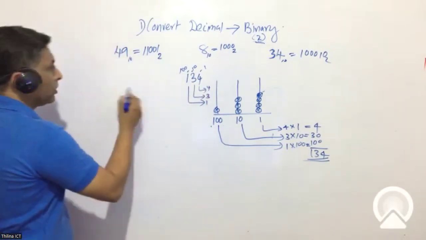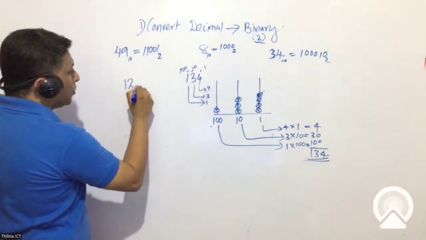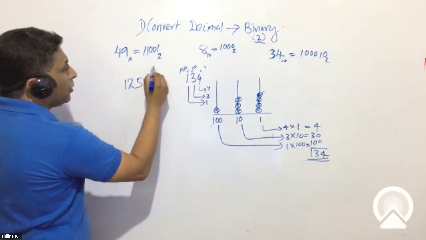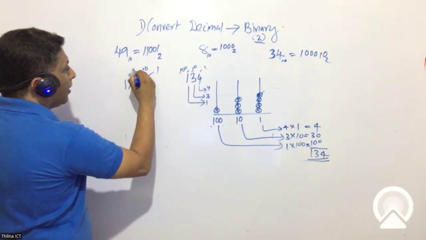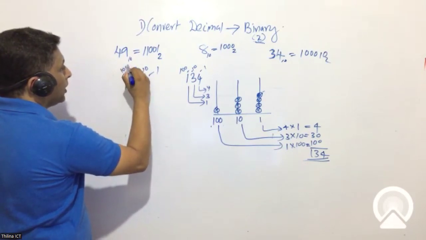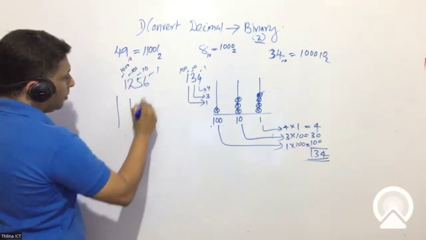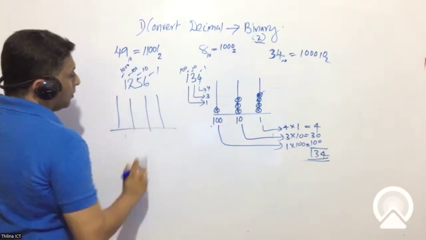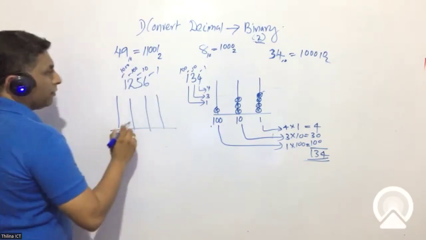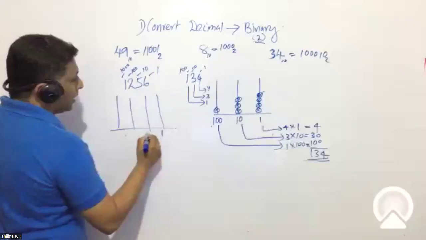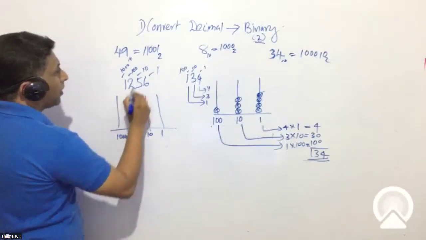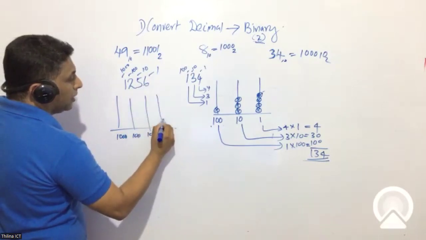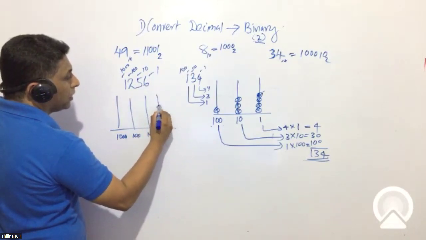Even if you get thousands, let's say 1256, you have to segregate ones place, tens place, hundreds place, and here thousands place, right? Draw the 4-line counting frame. Here ones place, tens place, hundreds place, thousands place. Here 6 beads: 1, 2, 3, 4, 5, 6.